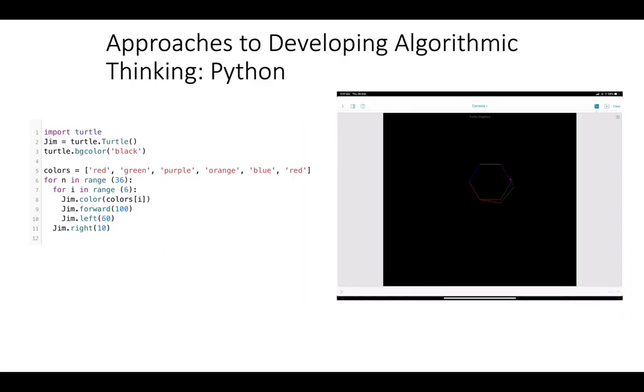You can see there that we've changed the background color here to black. We've also made each of the lines within each of the hexagons a different color. So we've got red, green, purple, orange, blue, red. Again, have a think about what the output will be. And here we go.